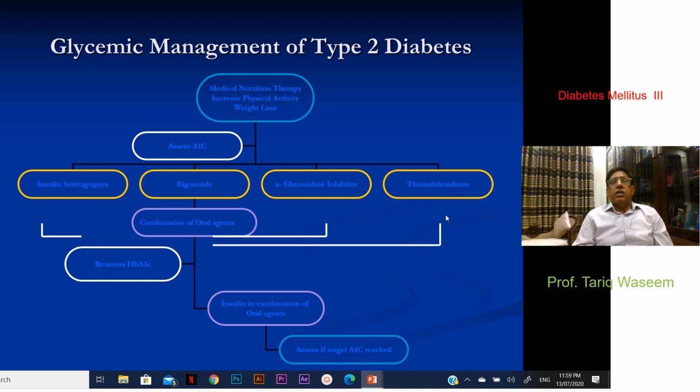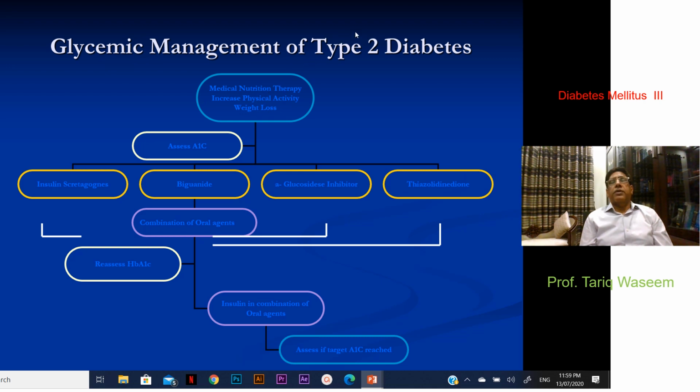Although the quality of the slide is a bit dim, I will help you out. The glycemic management of a diabetes patient starts from the first component being medical nutrition therapy, increase in physical activity, or targeting a weight which is ideal for their height, and if they are obese, some weight loss.